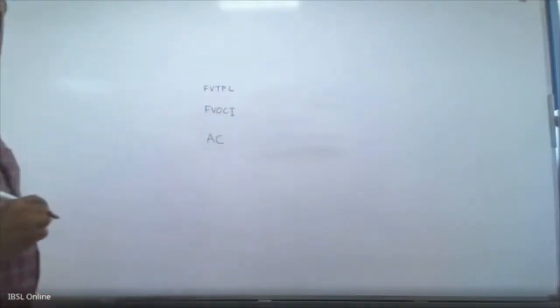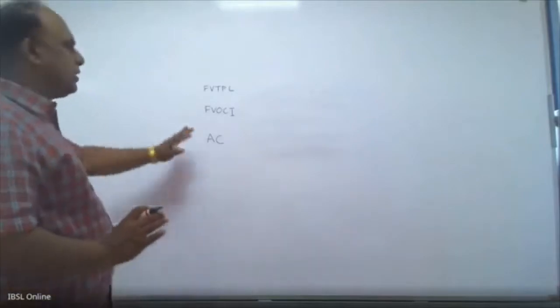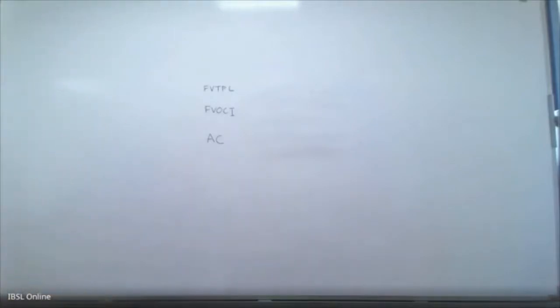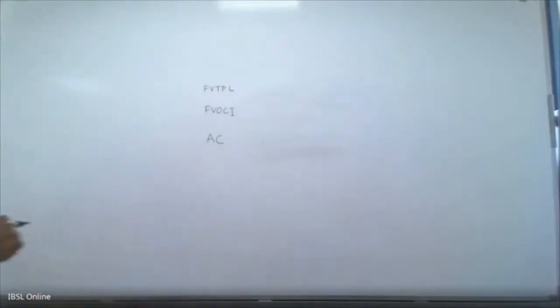These are the three classifications. Any asset that you can think of coming under SLFRS 9, because impairment is also coming under SLFRS 9, the probable classifications of assets are these three.